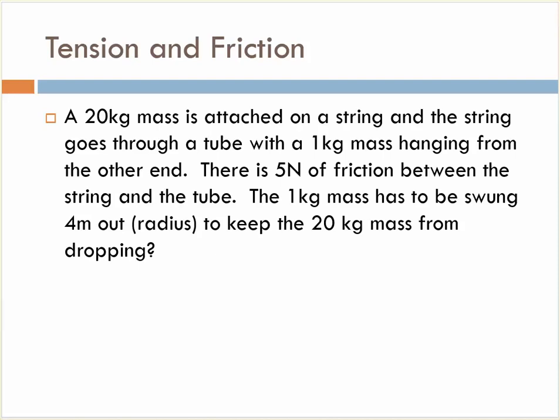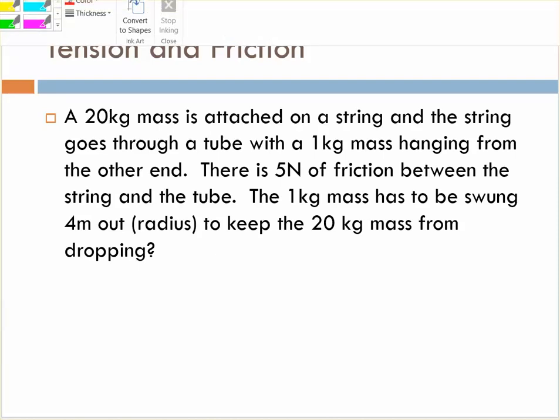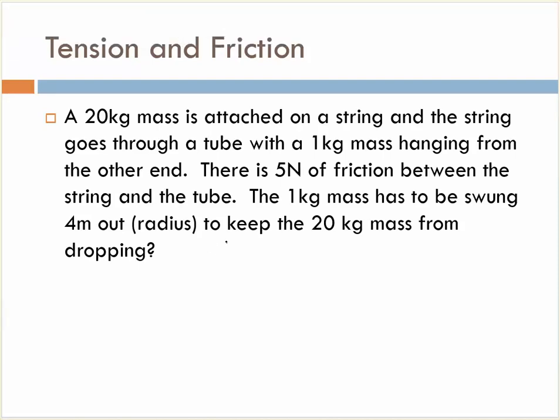So when we go to do our sum of forces equation on this one, we're going to have the force of tension, which is really the weight, plus this force of friction.